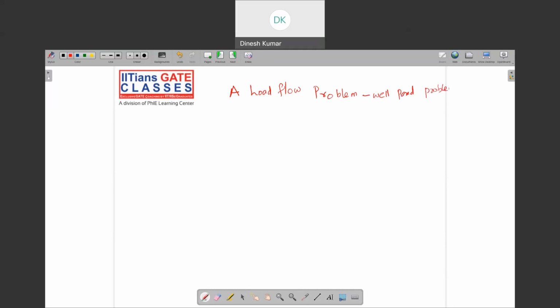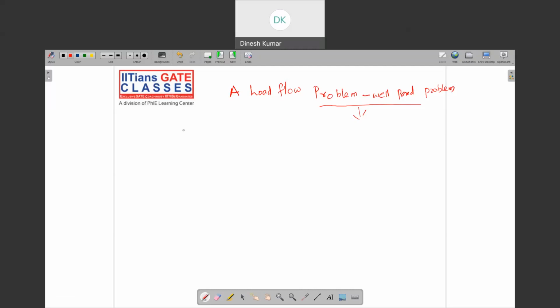Well-posed in the sense that we already have enough equations. We don't have to think about whether the system is overdetermined or underdetermined. We have to manipulate the equations in such a way that all the given conditions are satisfied. So it is almost like an iterative problem, but we don't need to worry about overdetermination or underdetermination of the variables.